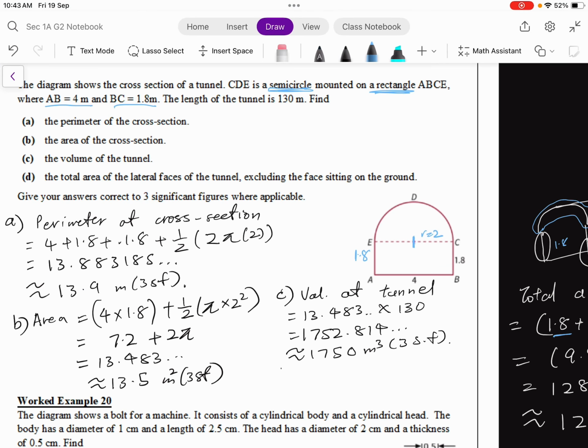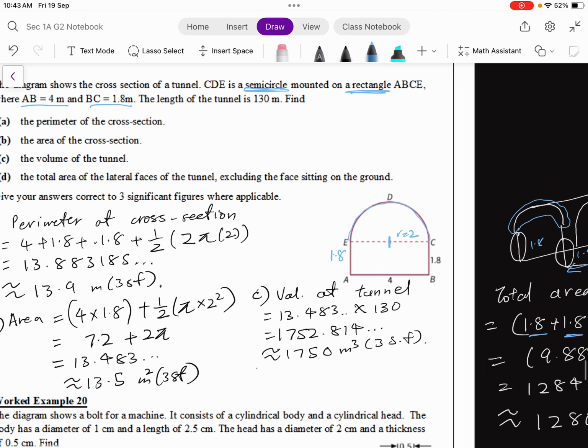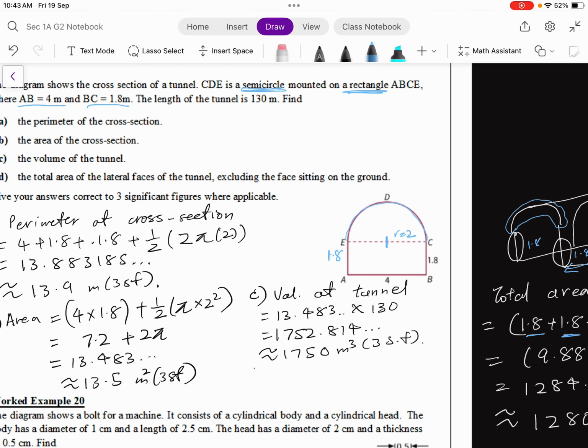Okay, so in order to find the perimeter of the cross section, I know the length of the rectangle. I just need to know what this length is, and this is the circumference of a circle, but half of it because it's a semicircle.